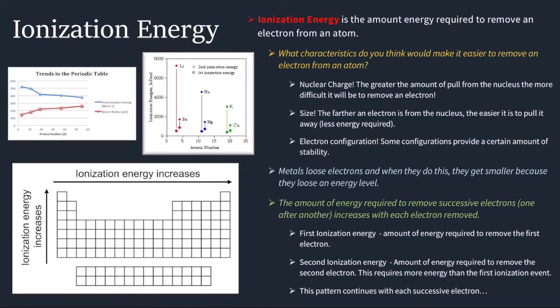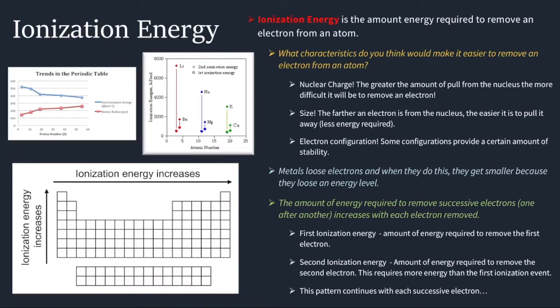And then we always want to remember that metals are the ones that lose their electrons. When they do this, they get smaller because they lose that energy level. If we're getting smaller because we've lost some electrons, then the remaining electrons are held on more tightly, and it's going to take more energy to remove the next electron. That's where we get into talking about the different ionization energies.